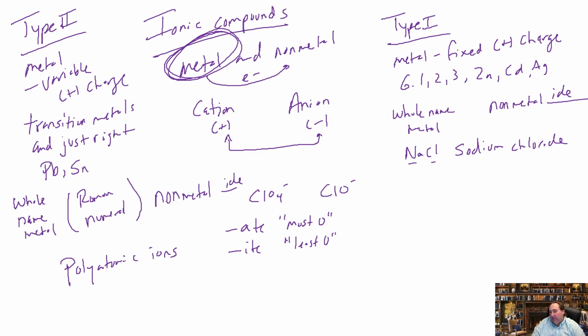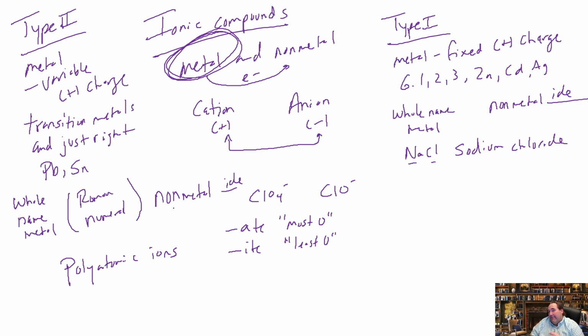So again, we add per- to the one in a group of 4 that has the most oxygen, and we add hypo- to the front of the one that has the least number of oxygens in a group of 4.